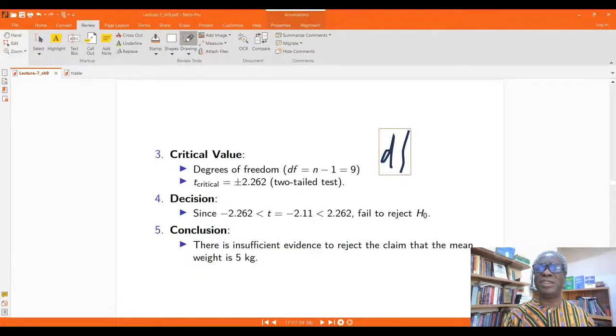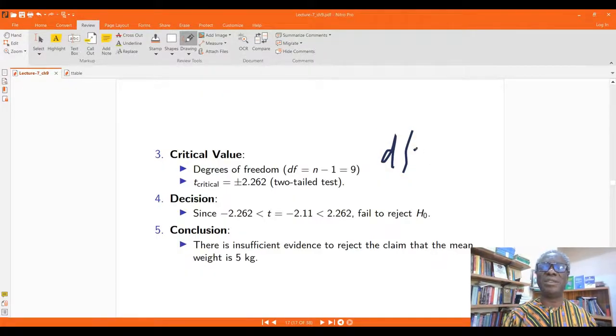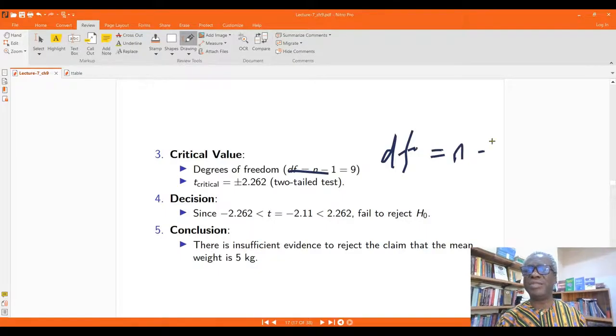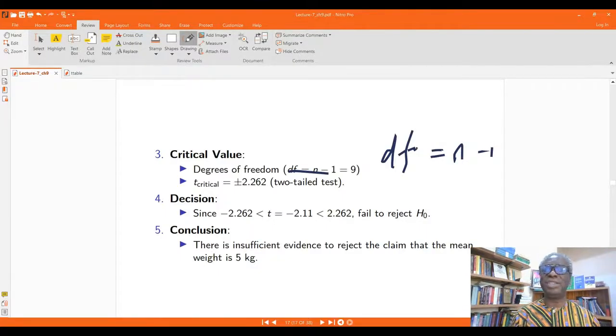It is usually shortened as df, and is calculated as n minus 1. In this case, n is 10, so that's 10 minus 1. That's how we arrive at 9 here. So we now need to look at the t table.